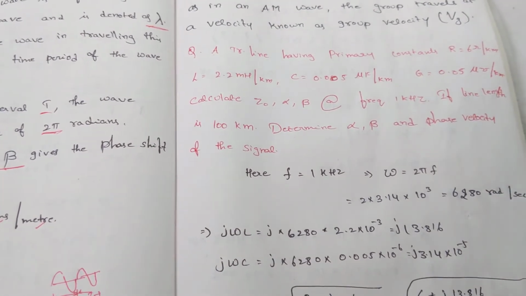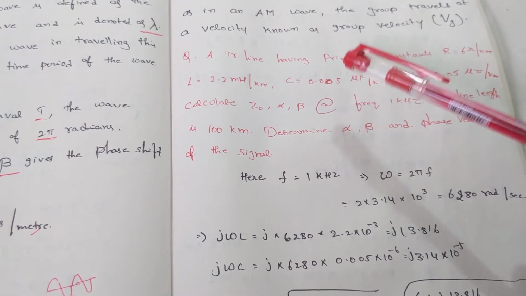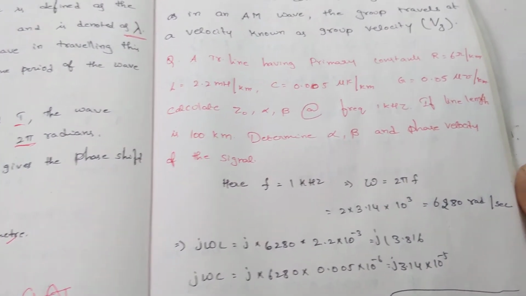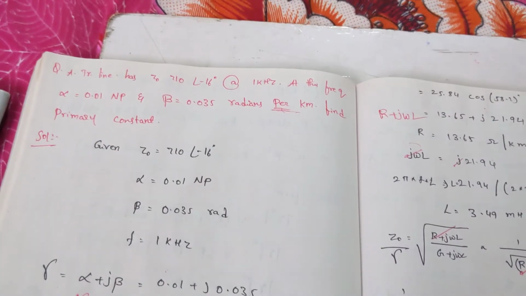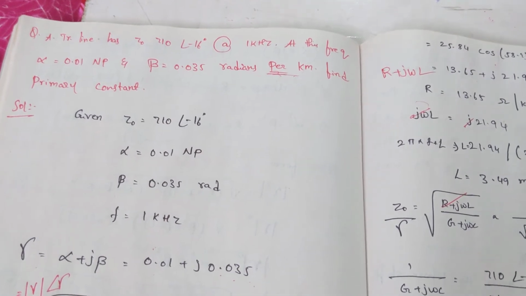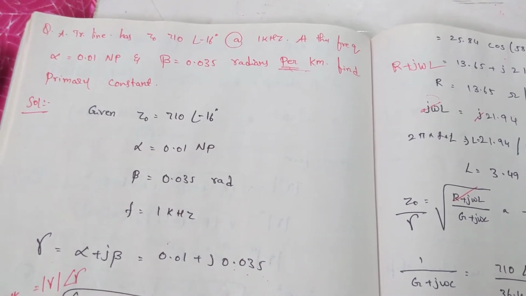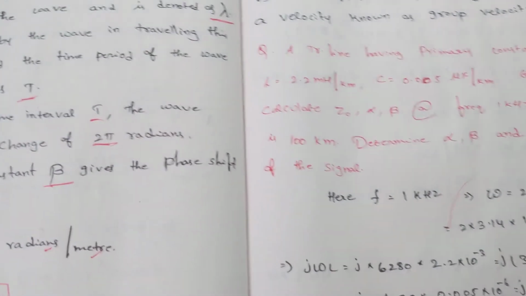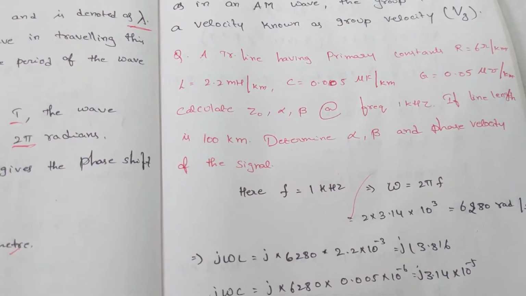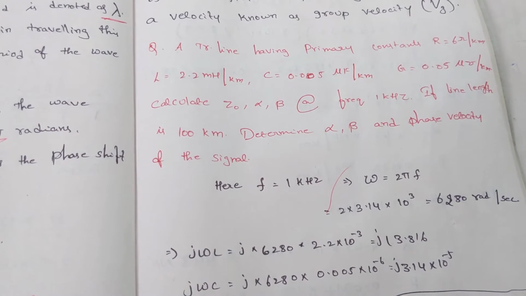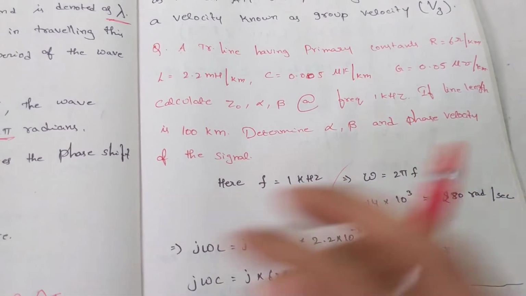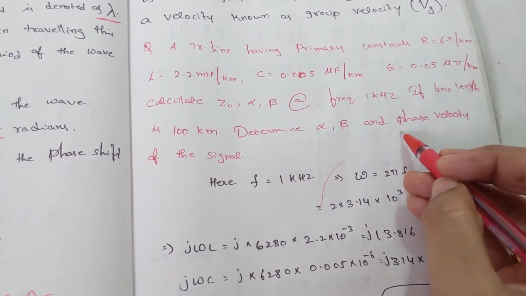So here we are just considering the same numerical. In the previous case we solved a numerical by considering the secondary constants and calculated the primary constants. In the given problem right now we are considering the primary constants, but we are supposed to find out the secondary constants along with the phase velocity.